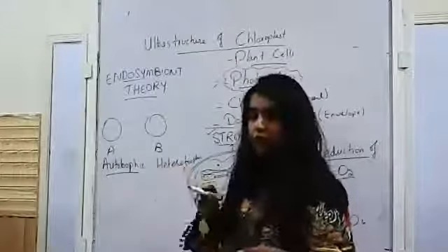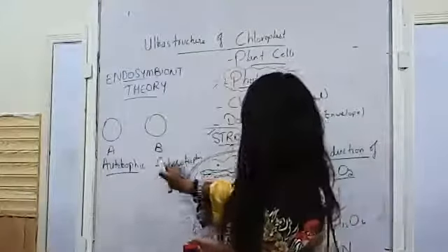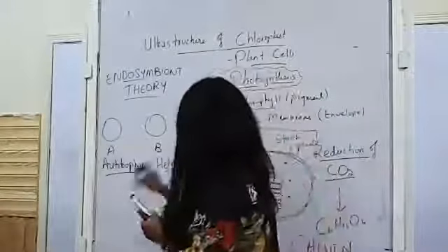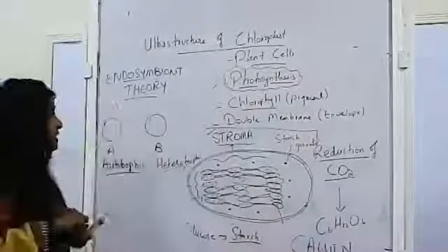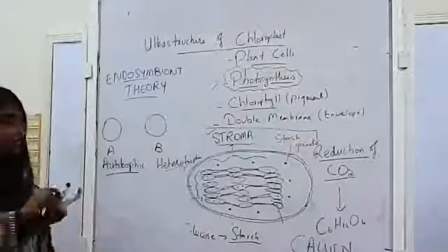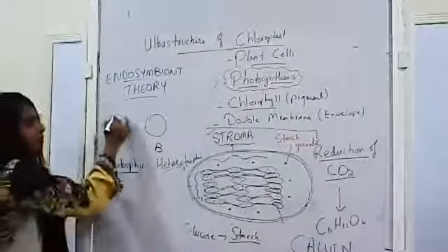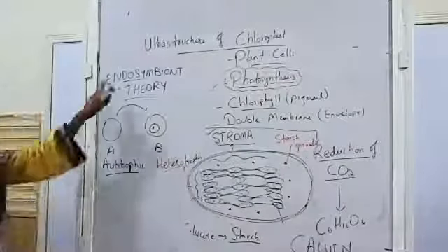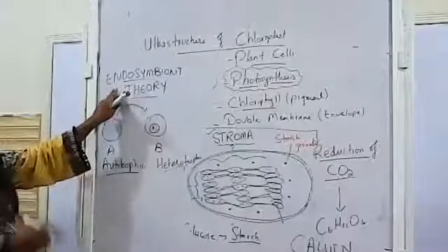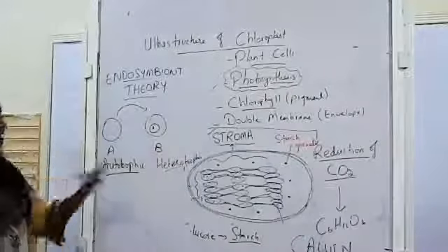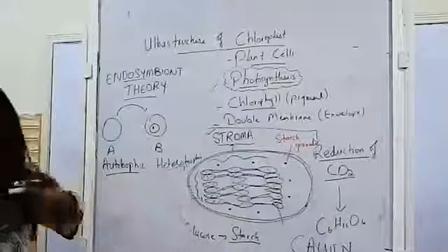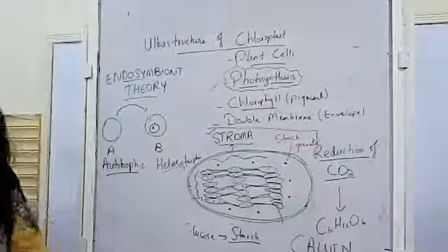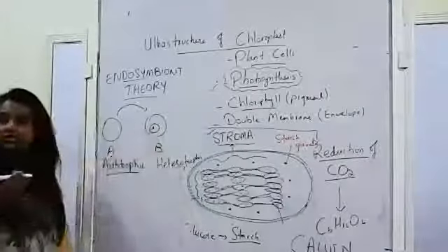A was autotrophic, that is photosynthetic, whereas B was heterotrophic, it used to eat other cells. So because this one used to eat other cells, it engulfed cell A. Cell A was eaten up, or engulfed, by cell B. Cell A moved inside, hence endo. Now, cell B got a benefit. Without moving, without eating any other cell, it was getting energy. How? Because cell A was doing photosynthesis inside.